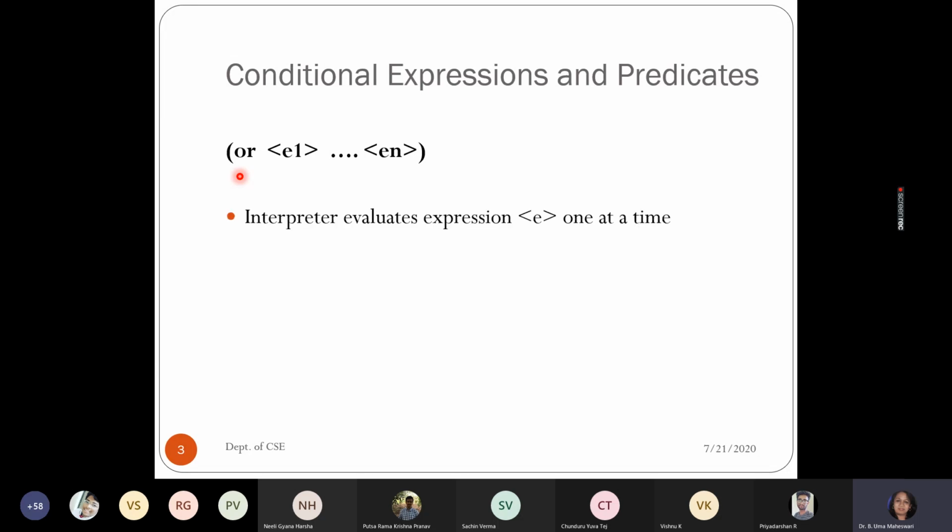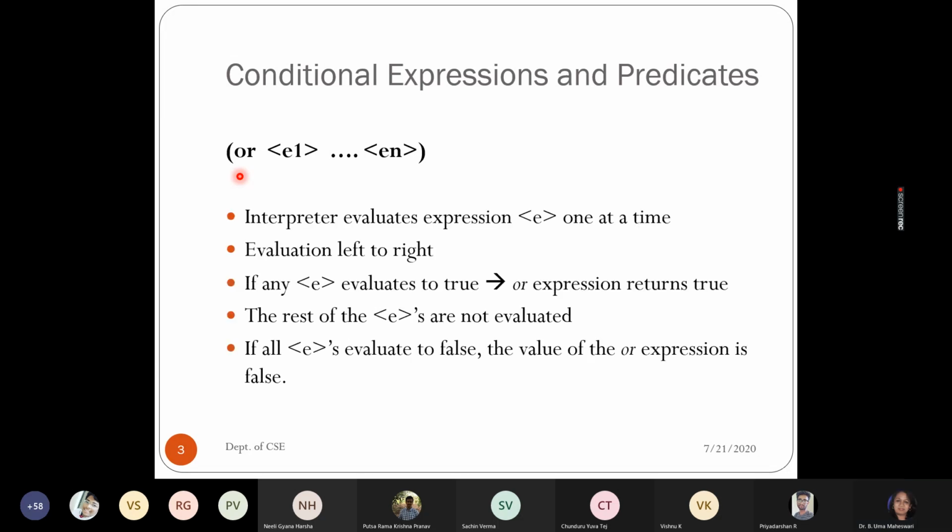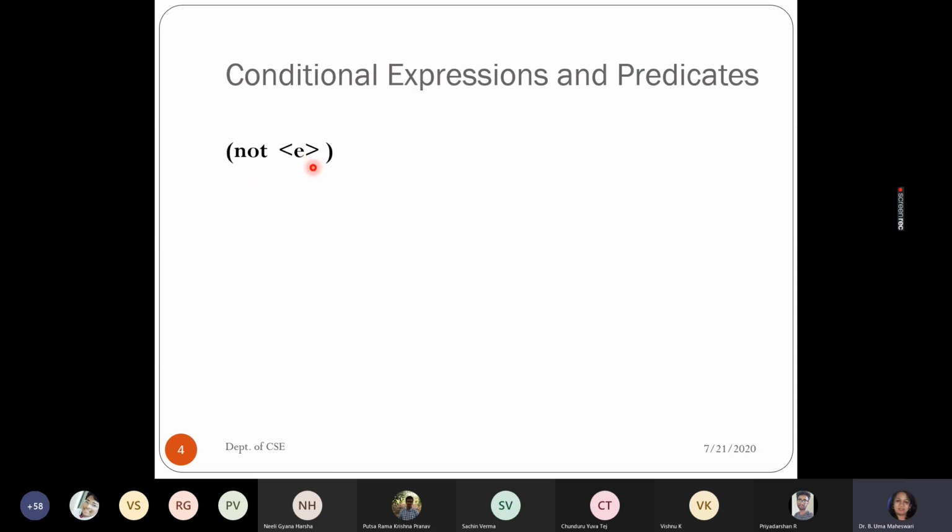Okay, so let's look at the not expression. What the Lisp interpreter will do on seeing a not is evaluate the expression. If the value of the expression E is true, it will return false, the opposite case. If it is false, it will return true. Okay, fine. Now tell me, is not a procedure? Procedure means all the arguments have to be applied, used by the procedure.